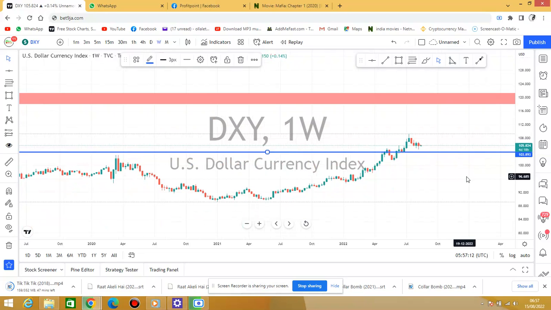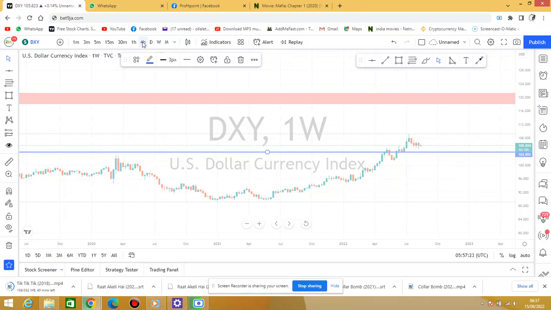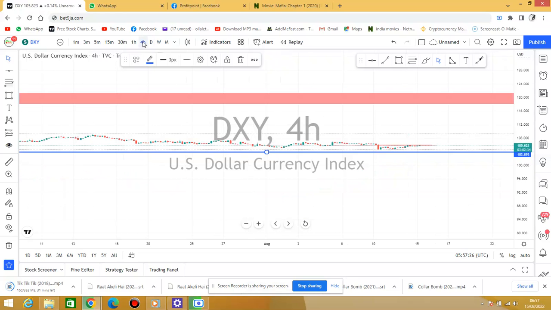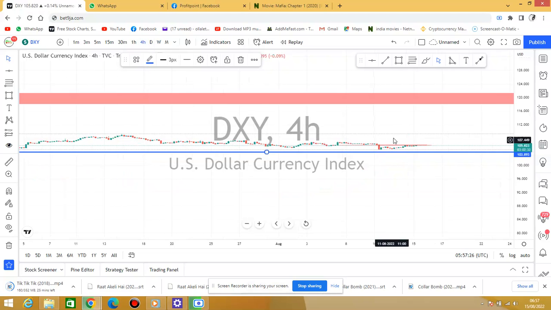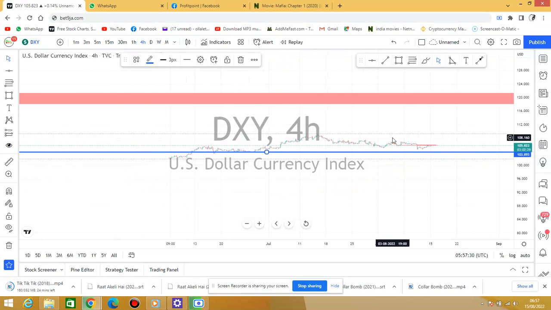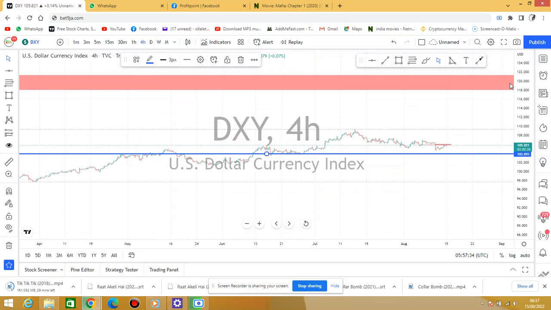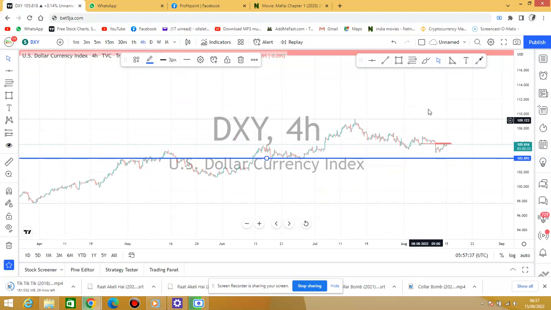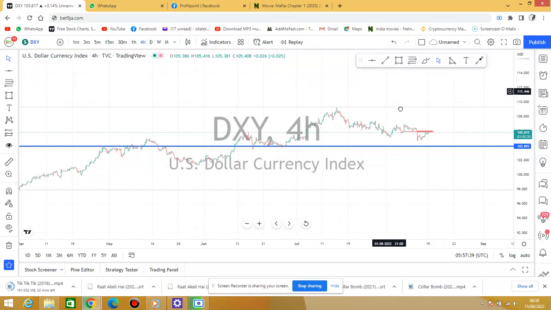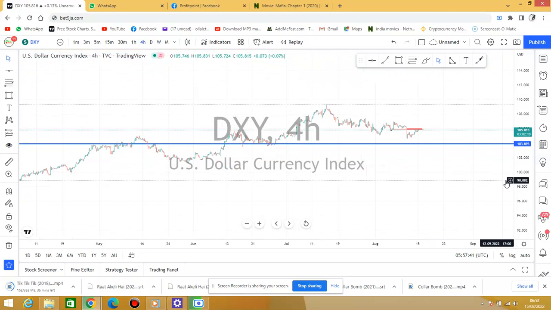If you switch to maybe the 4 hour time frame, we have this on the 4 hour time frame. Now, how do I make a conclusion on my own?